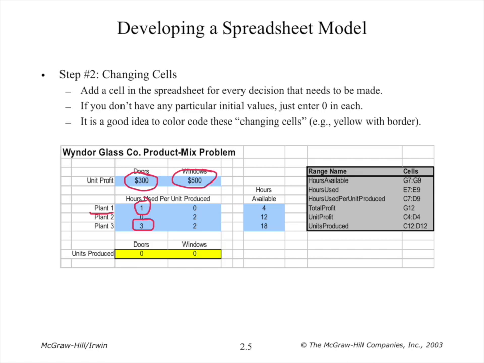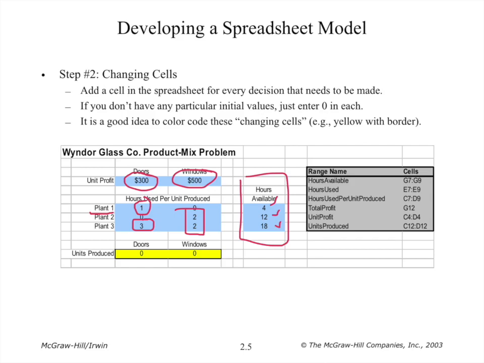On the other side, windows have more profit than doors, but they need more hours to produce: 2 hours in plant 2 and 2 hours in plant 3. And these are the available hours that we have: plant 1 has 4 hours, plant 2 has 12, and plant 3 has 18.